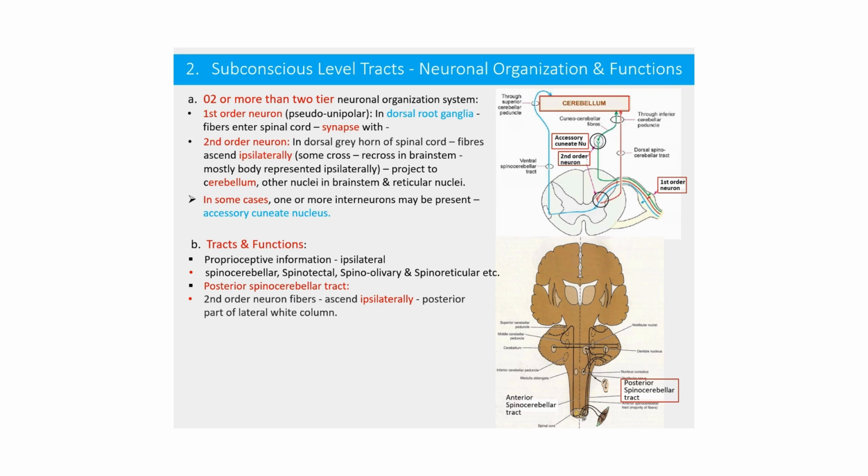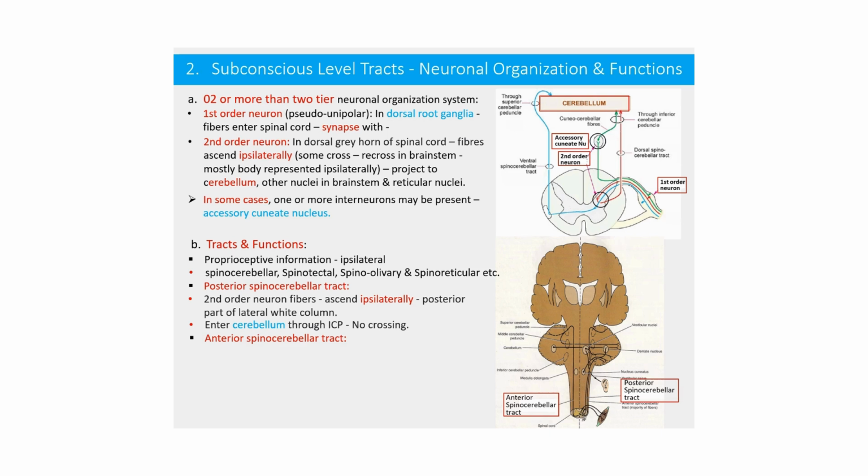The second order neuron fibers ascend ipsilaterally in the posterior part of the lateral white column. They enter the cerebellum through the inferior cerebellar peduncle and remain throughout on their own side.